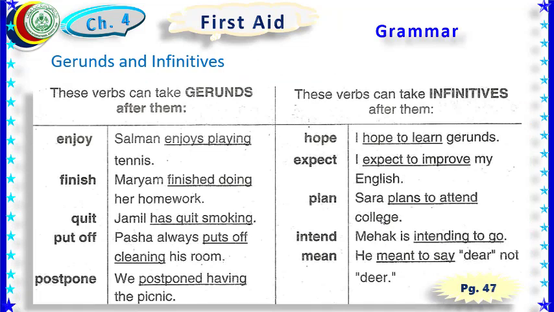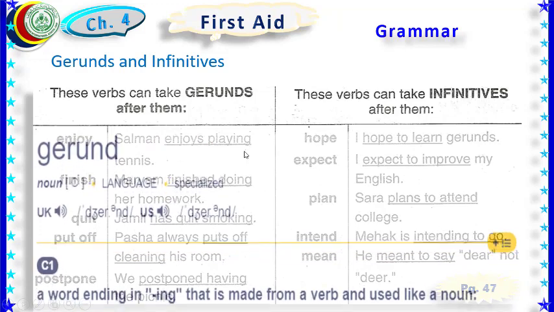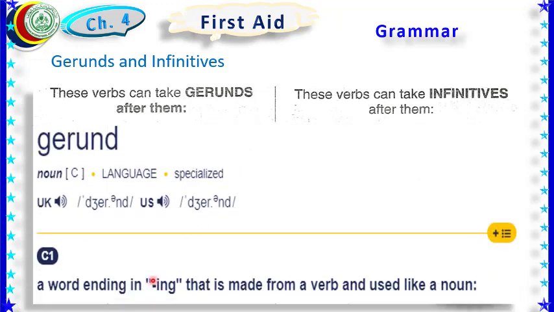In this section, we shall learn gerund and infinitive. Dear students, a gerund is a noun in ing form. After all these verbs, you will find a gerund. Enjoy playing: playing is a gerund. Dear students, what is a gerund? A gerund is a word ending in ing that is made from a verb and used like a noun. A gerund is always used like a noun.